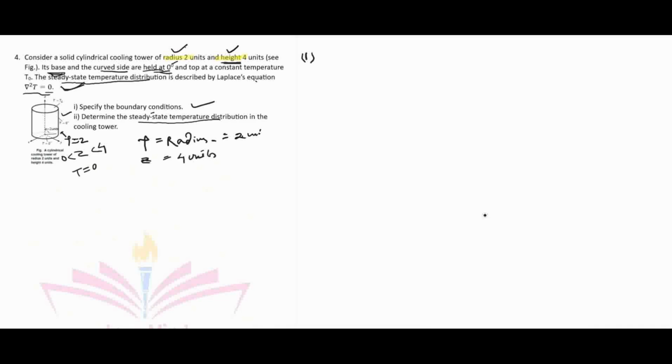That means when the radius is 2 units, the temperature is 0 degree for z ranging from 0 to 4.